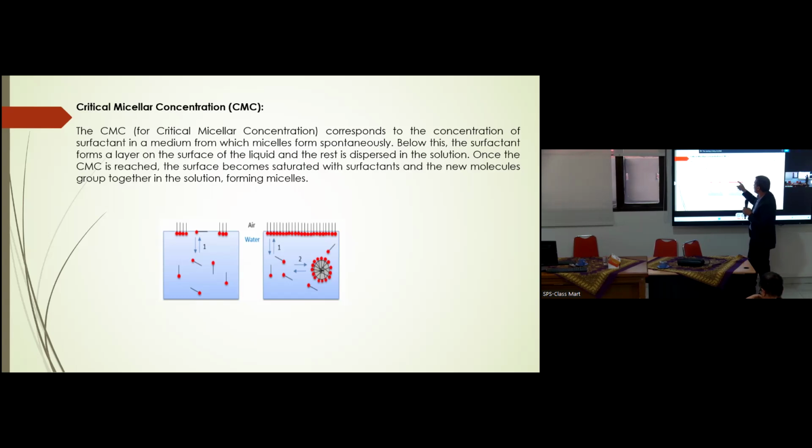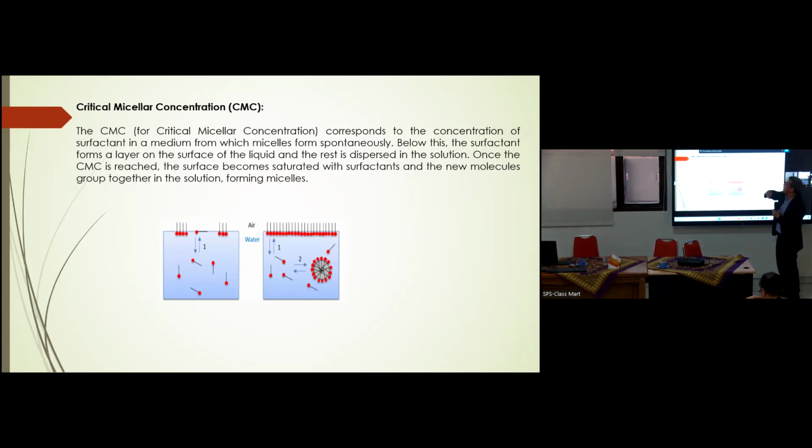But after saturation, we have collectors here, and since they hate the water, the hydrophobic parts come together, forming the micelle. The minimum concentration is the critical micellar concentration.